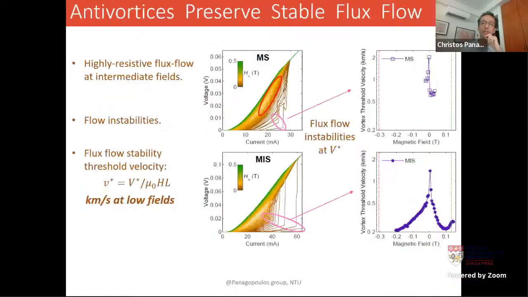Now we observe, as you can see here, highly resistive flux flow at intermediate fields, with flow instabilities and a remarkable flux flow stability threshold velocity, which is of the order of kilometers per second at low fields. This is remarkable for the field of fluxonics in superconductors, which indicates that Skyrmions increase the vortex velocity.